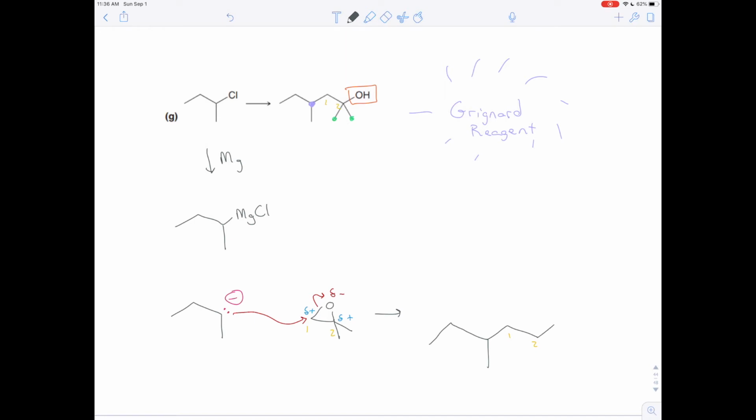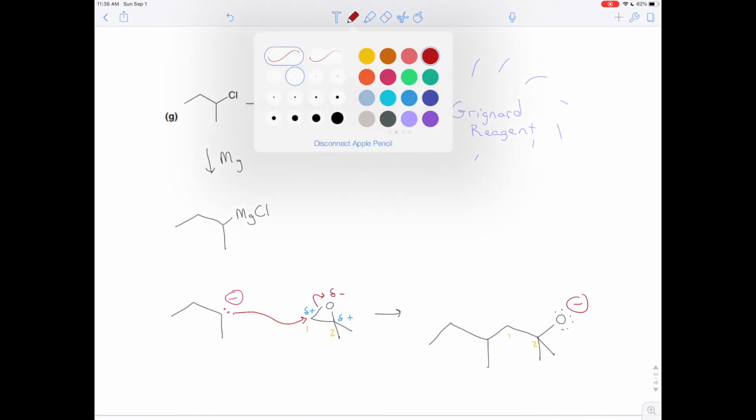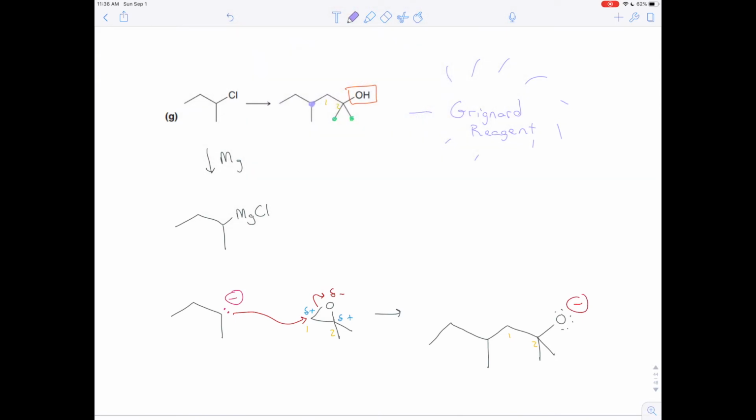The oxygen goes away, and this carbon number 2 has those 2 methyl groups. That oxygen has a full negative charge. And just so we can help see things, keep in mind this was our Grignard reagent. So we formed this new carbon-to-carbon bond.